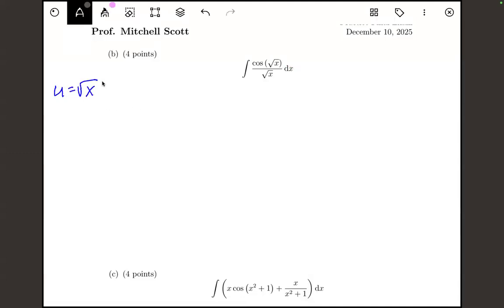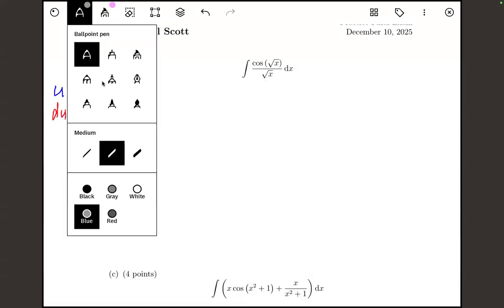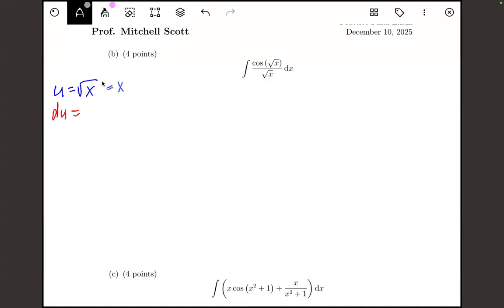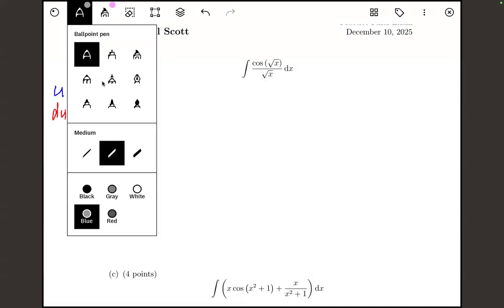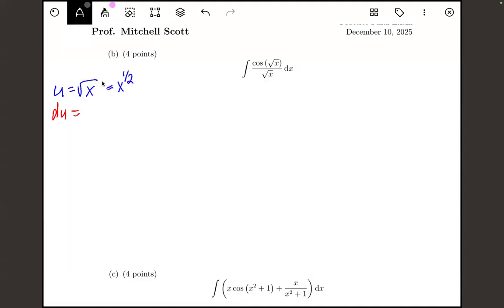And the process is going to tell us that we take the derivative. So du equals. First, though, I'm going to realize that the square root of x is just equal to x to the 1/2 power, and that's going to help me identify the fact that this is a power rule. So I'm going to pull this down and go 1/2 x to the minus 1/2, because 1/2 minus 1 is equal to minus 1/2.